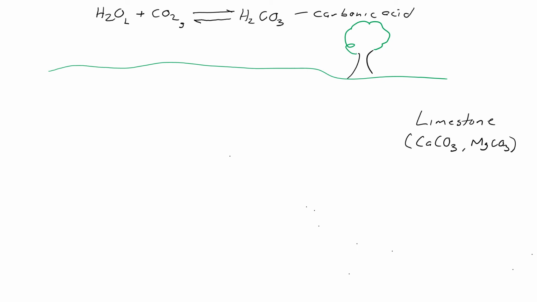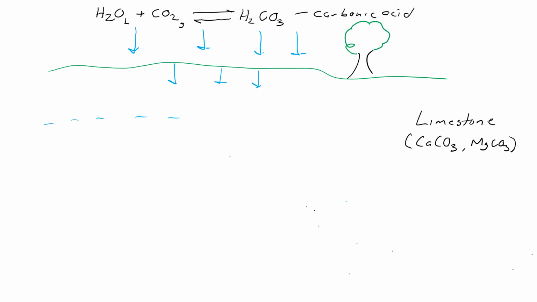Okay, so we have carbon dioxide mixing with water to form carbonic acid, and that carbonic acid then falls to earth in raindrops, and some of it starts to infiltrate into the ground.